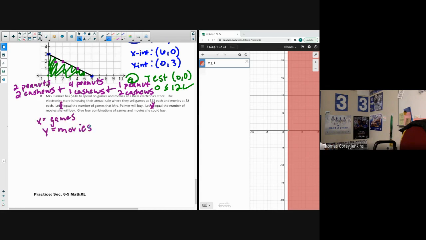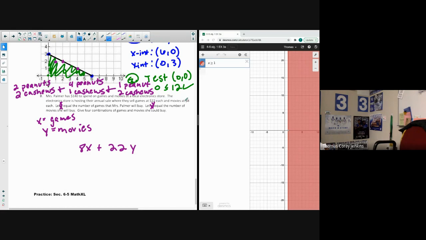All right, so 22 is going to be my coefficient of movies, right? So that's going to go with Y. 8 is going to go with X, okay? So we'd have 8X plus 22Y. Actually, I did that backwards, sorry. It's games is 22, movies is 8.